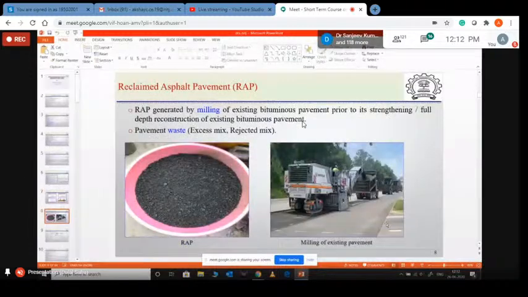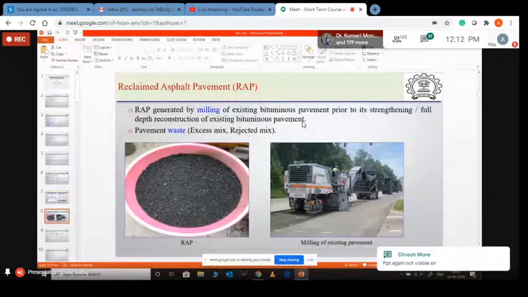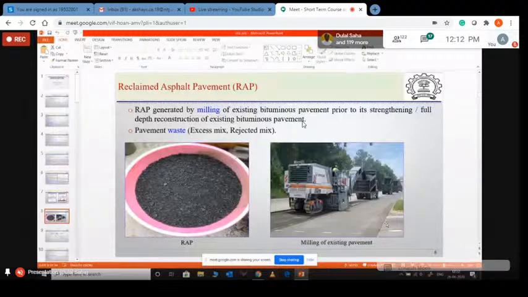Now this reclaimed material, as I said, basically there are 2 sources of finding this reclaimed material. One is, as I said, that regular maintenance is required for all bituminous pavement. We need to give an overlay in terms of 3 to 5 years in general. And before overlay, we need to mill also for 2 reasons. One is we cannot keep on increasing the level of the existing road because other facilities will be hampered in that.